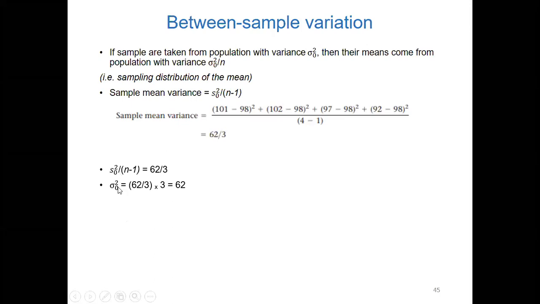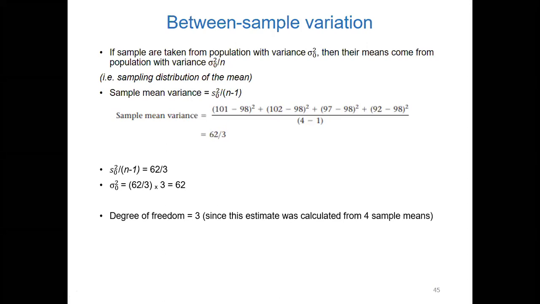That's why I replace this with sigma naught squared. And then the n minus 1. N is 4, therefore the n minus 1. There are 4 measurements, so the n minus 1 becomes 3. Then these 3 will cancel and the sigma squared will become 62. Right?